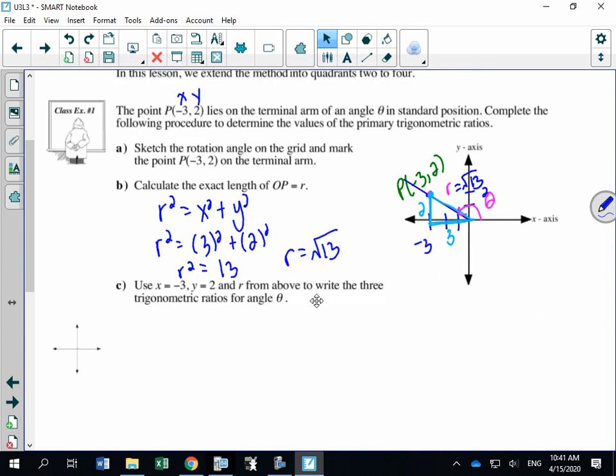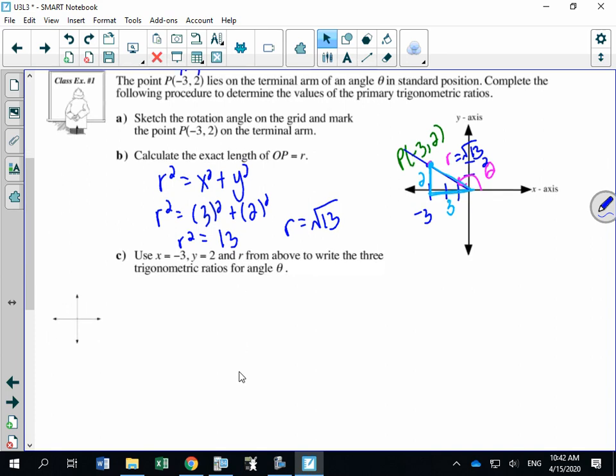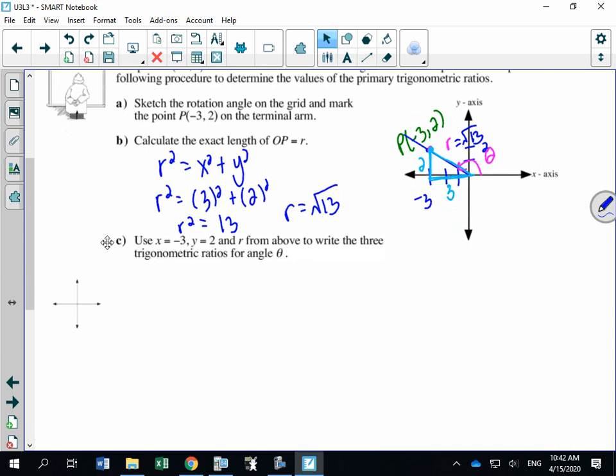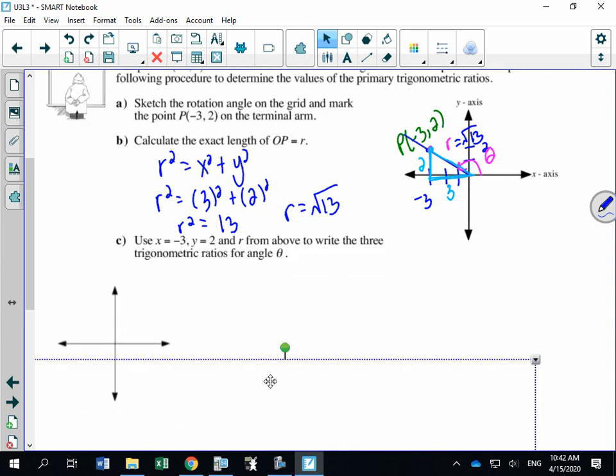Okay, so we did B. C, use x is equal to -3, y is equal to 2, and r to write the 3 primary trig ratios. A couple of things I need to talk about: I only take away the negative signs when I'm figuring out my radius, because I can't have a negative distance.